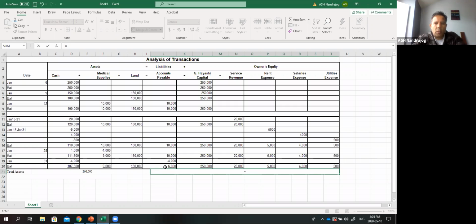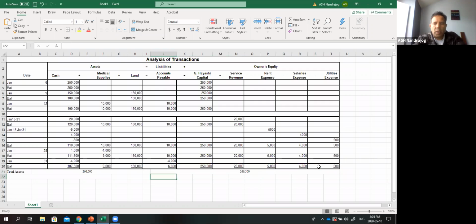So we would say equals the accounts payable, which is liability, plus the capital, which is the owner's equity, and plus the service revenue. Okay, and then minus the rent expense, and then minus the salary expense, and minus the utilities expense. What do we get? 266,500. Okay, so you can see that the total assets is equal to total of liabilities plus owner's equity.